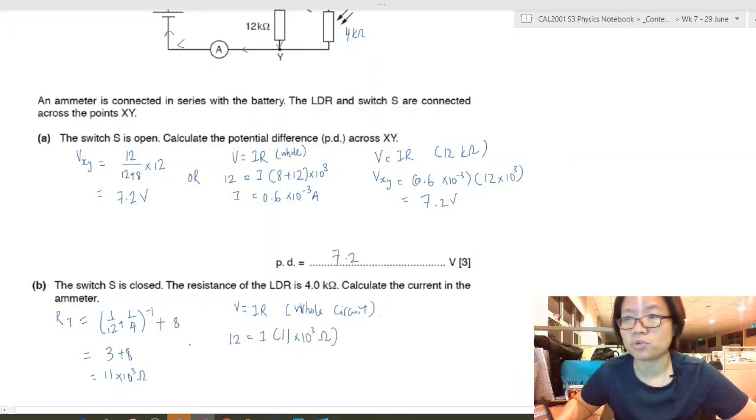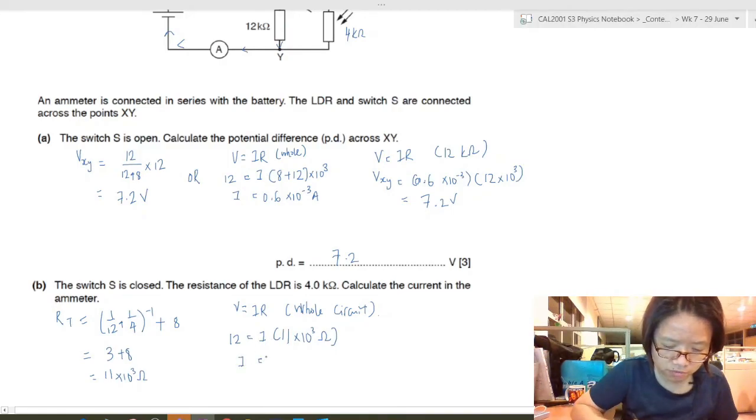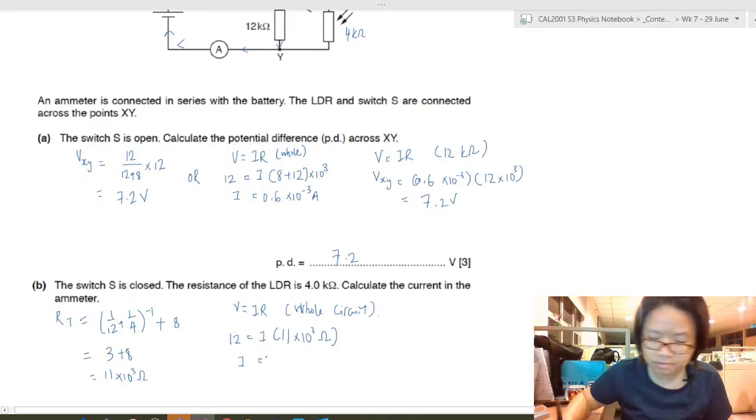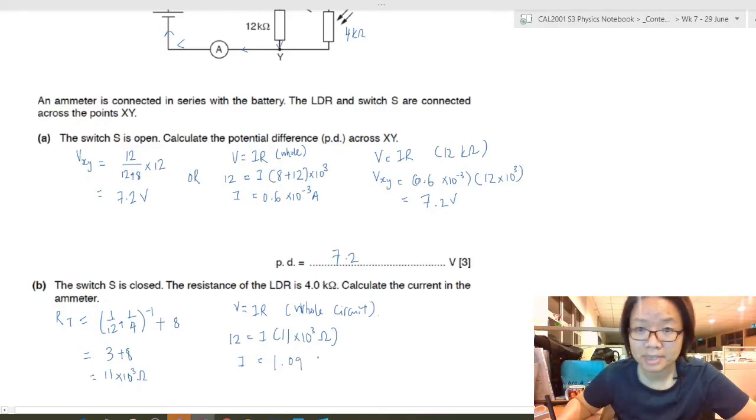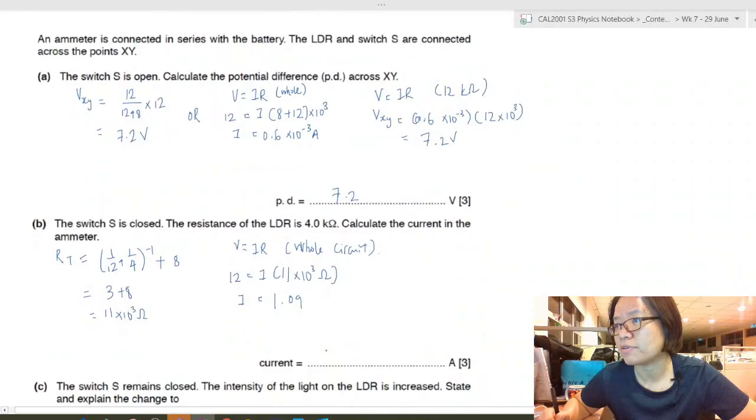What I mean by you can do it together is you can do this RT and put it inside here. T for total. So you can find your current, which is 12 divided by 11. That would be 1.09 milliampere. Let me check the unit first. Ampere, okay, times 10 to the power of -3 ampere.